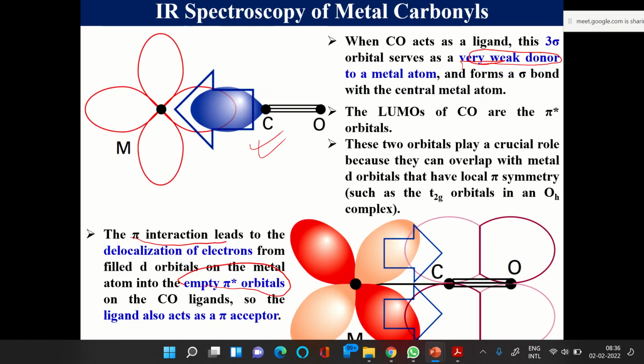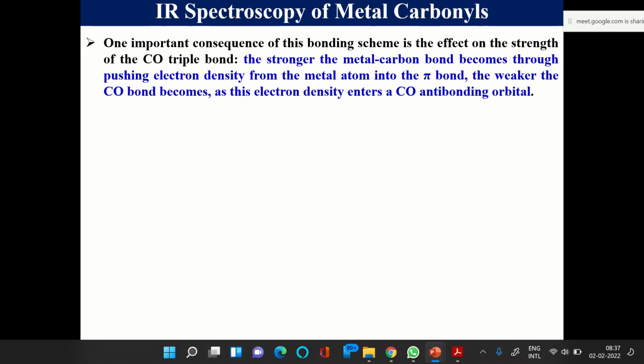So now what will you see in the spectrum? If back donation is effective enough, because the electrons are going to the pi star orbital, which is anti-bonding in nature, the CO bond strength will be less. So the more the back donation, the greater the lowering in frequency. This is the idea that you have to pick up when you analyze metal carbonyls.